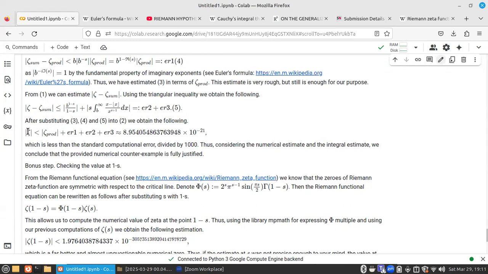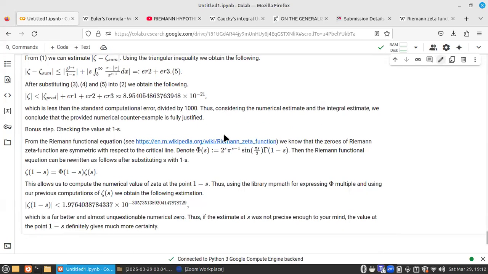And after that, we shall just add all of our errors and obtain that the estimate for the maximal value of the absolute value of the Riemann zeta-function at this point is this small number, which is besides less than the machine epsilon for the standard Python computations divided by 1000.